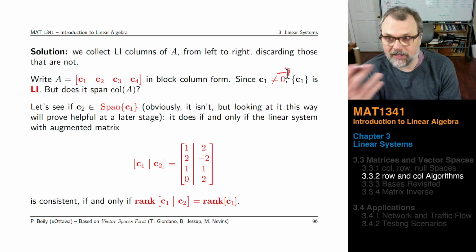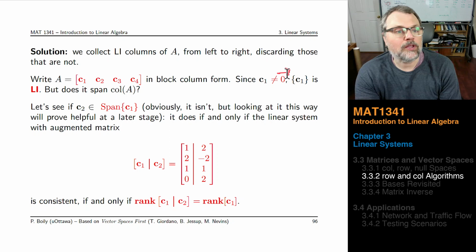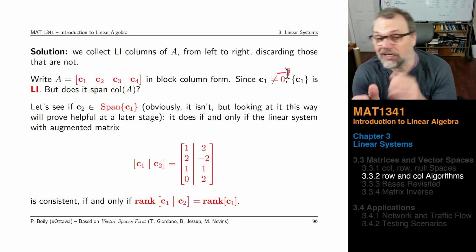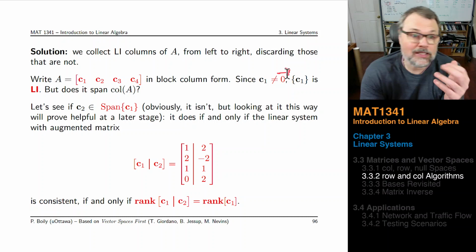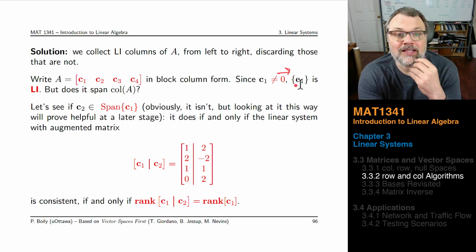But does it span the entirety of the column space of A? Well, we know that it could, and a good chance it won't, and not impossible. How do we know this? If C2 is in the span of C1 in general, then there's at least a chance that the set C1 is a spanning set for the column space of A.